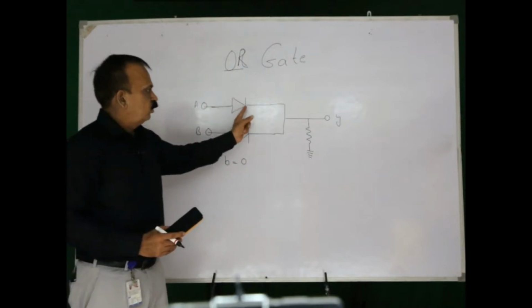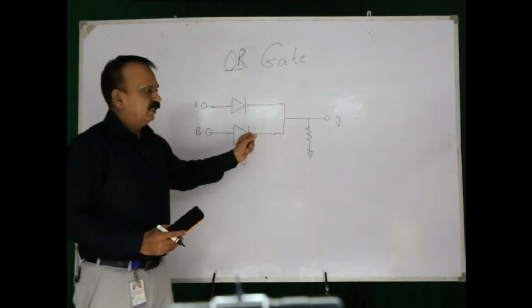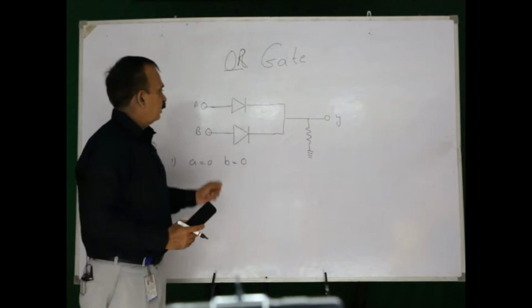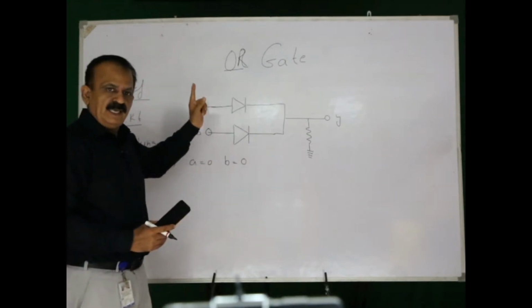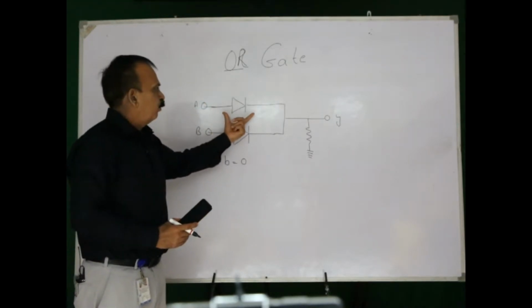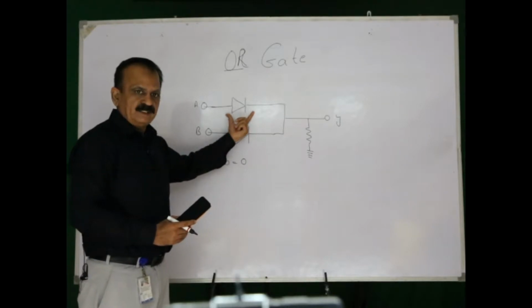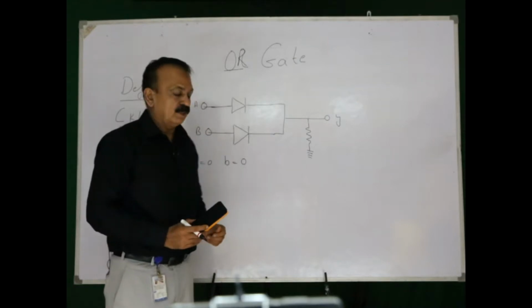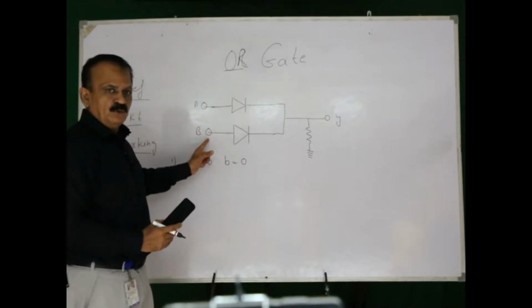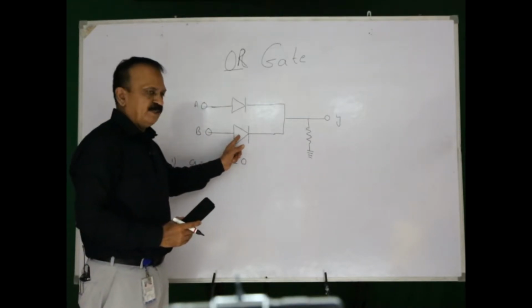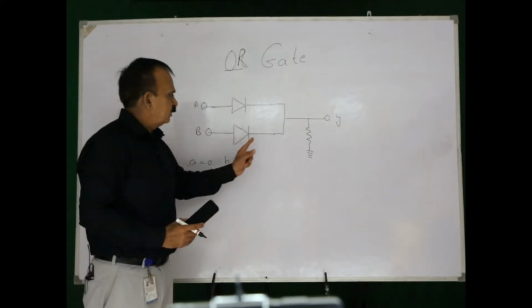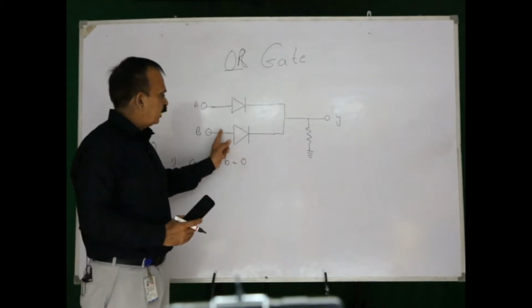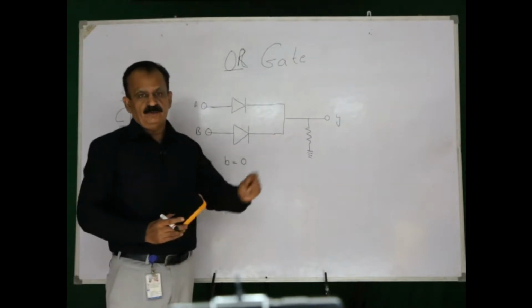Now, since no input is connected to the N part, this is at low voltage. A is 0 means A is also at low voltage. Both P and N are at low voltage, so no current will pass through this upper diode. Similarly, B is 0, that means this P part is at low voltage, and this is at low voltage, so no current will pass through the lower diode.